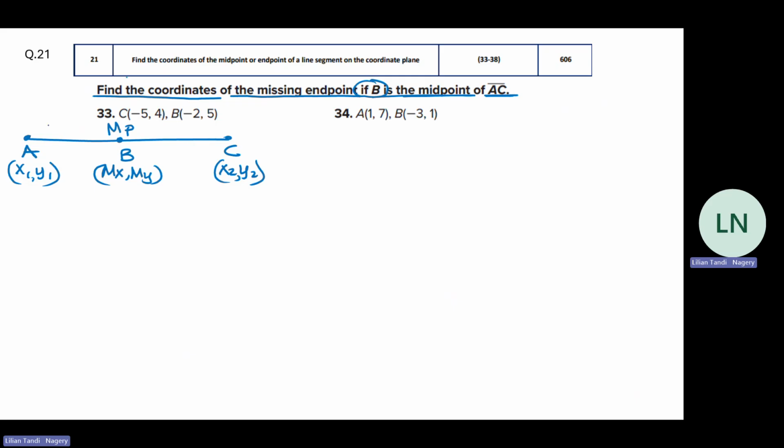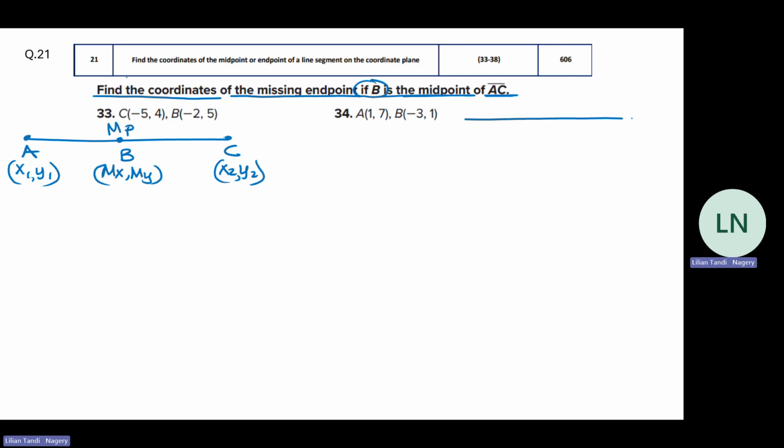You have 2 points, A and C, and between them in the middle, that's why we are calling it the midpoint, you put B. And then B is represented by mx, my.